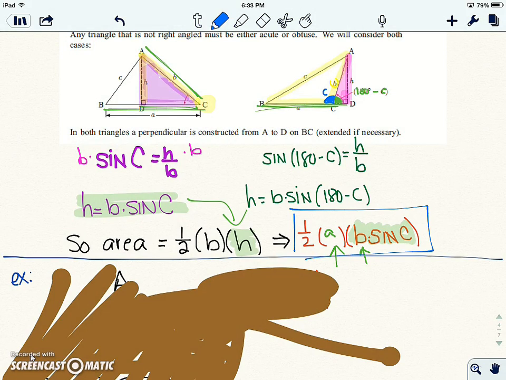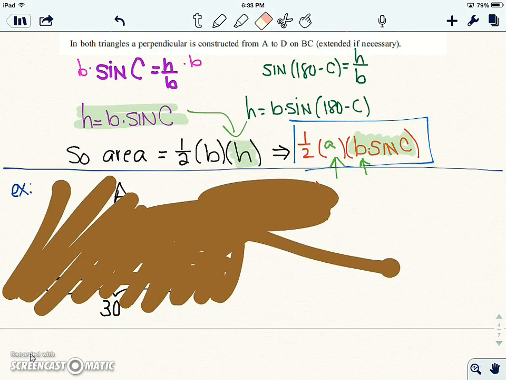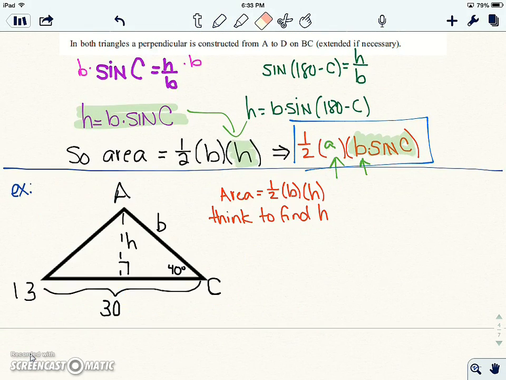The question is, how do we use that new formula? So here's an example. You may want to pause to copy it down. We have some triangle with a base of 30. We don't know the height, but we know we have a corner of 40. So I'm going to think about the old formula, 1/2 base times height, and use my trigonometric functions to solve for h. So I'm just going to look at this part.